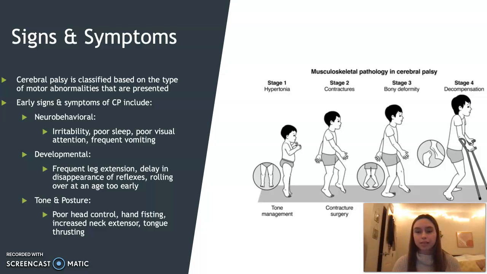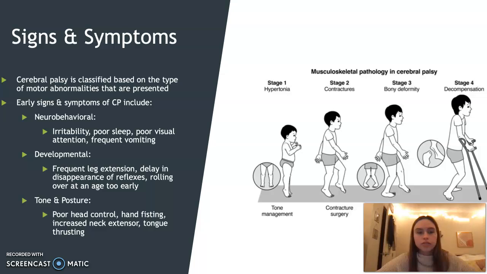So someone with CP has a delay in those reflexes disappearing. And another symptom would be rolling over at an age too early. Usually in a child that's developing normally, they hit a certain milestone at a certain age, while with CP, these milestones could be presented at too early of an age.